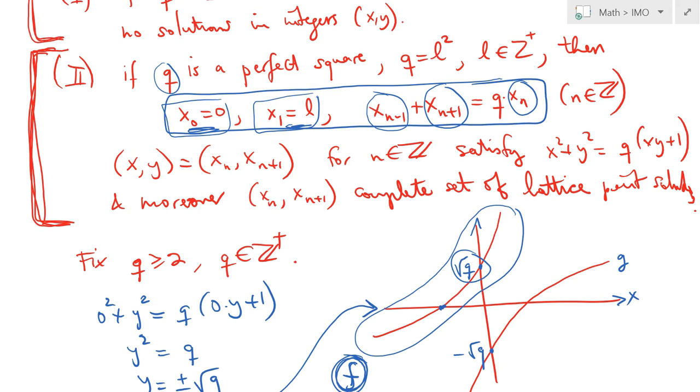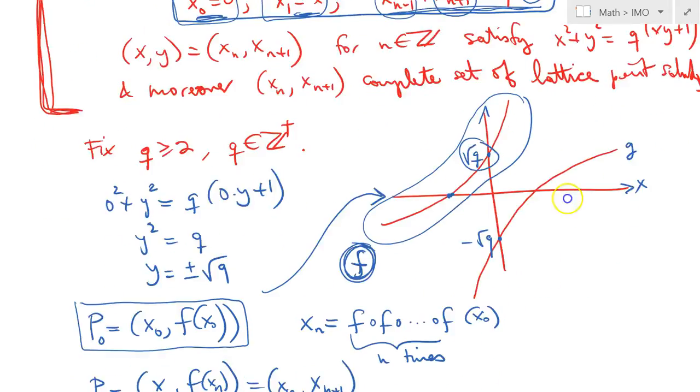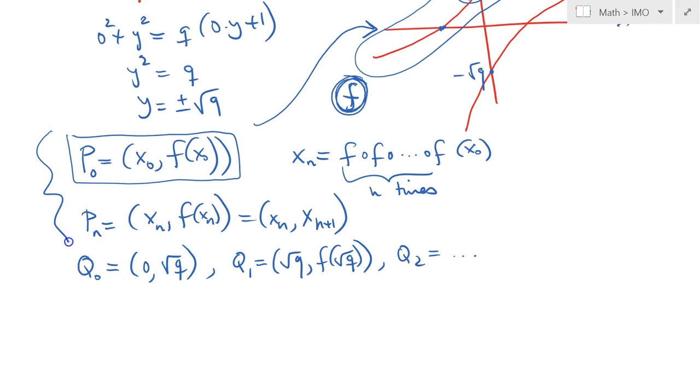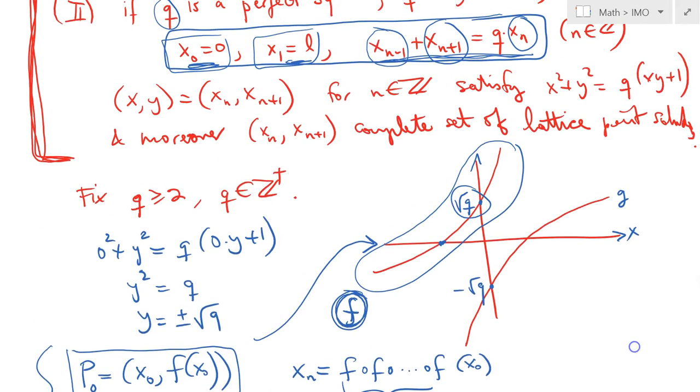So what this recursion guarantees is that this construction will create a succession of lattice points.